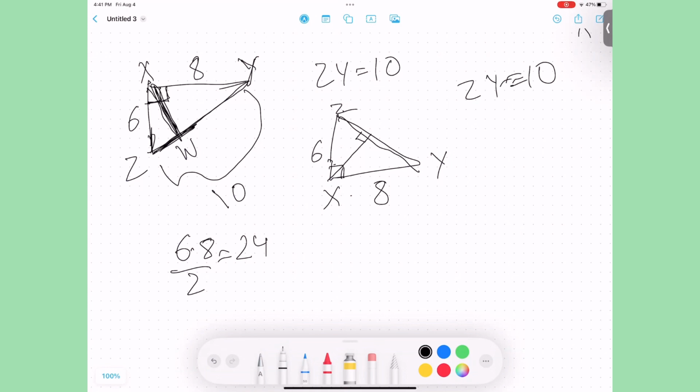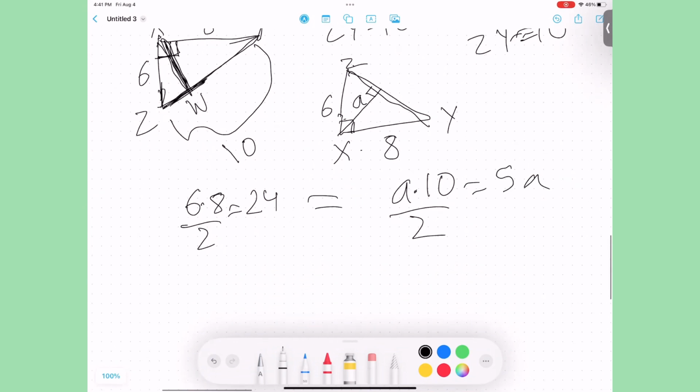Let's just say this altitude is A. This is the area of the triangle in terms of that altitude and that side: A times 10 over 2, or just 5A. But now we realize that these two have to be equal to each other, because you're recalculating the area in a different way of the exact same triangle. So you just set 5A equals 24, or A equals 24 over 5.